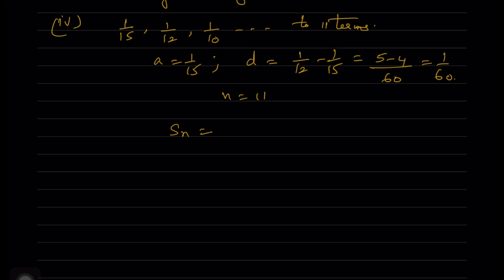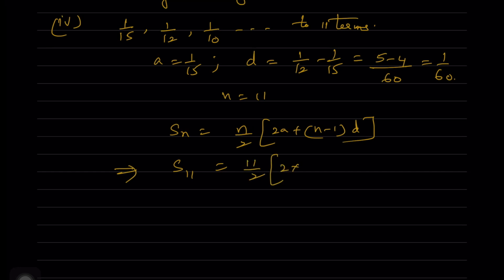So Sn is equal to n by 2 into 2a plus n minus 1 into d, which is equal to S11, which is equal to 11 by 2 into 2 by 15 plus 11 minus 1 into d, which is 1 by 60.